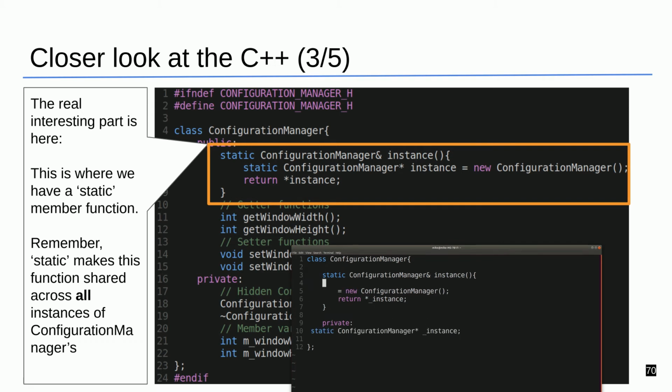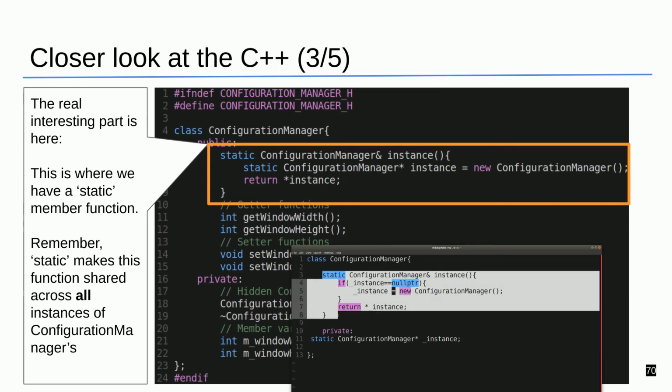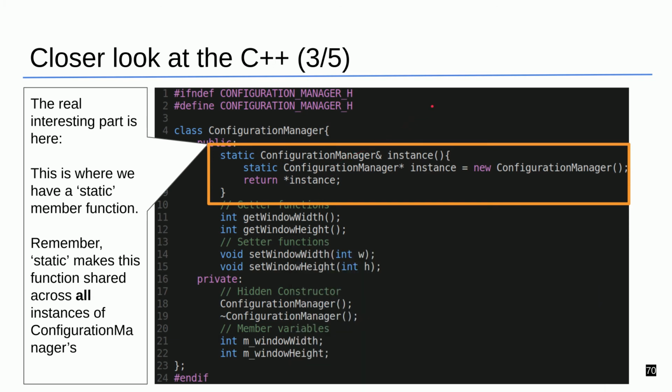And then I could rewrite this code: if instance equals null, or nullptr in C++, then create a new instance. This code here is exactly doing the same thing as this code, but C++11 and beyond, which we're using, saves us some typing. It is essentially the same exact code as above. Okay, so that's the singleton pattern.